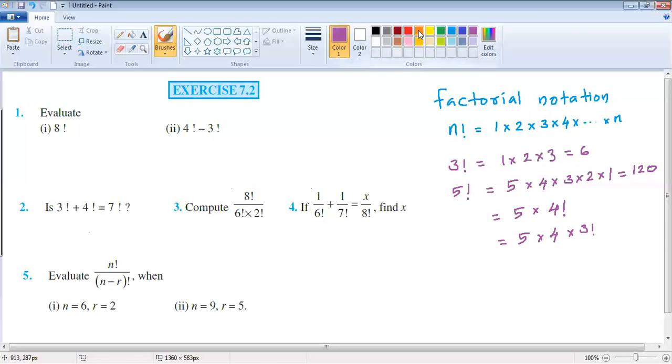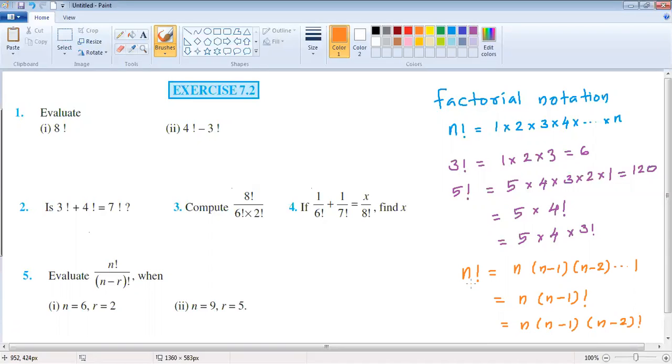So in general, sometimes we'll write like this: n factorial. n factorial मतलब 1 से लेके n तक मल्टीप्लाई करना है, तो n into n minus 1 into n minus 2 into etc. into 1. और ऐसे भी लिख सकते हैं n into n minus 1 factorial. नहीं तो आप ऐसे भी लिख सकते हैं n into n minus 1 into n minus 2 factorial. जैसे हम ऊपर 5 factorial को 5 into 4 factorial लिखा, नहीं तो 5 into 4 into 3 factorial, ऐसे भी लिख सकते हैं.